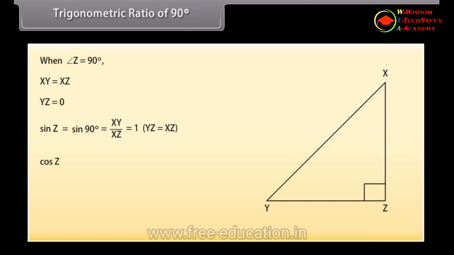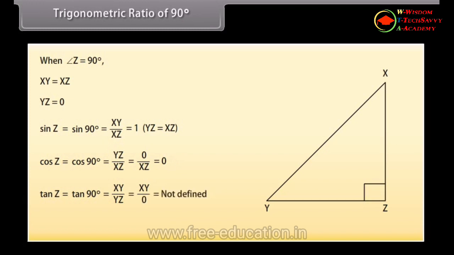Cos Z is equal to cos 90 degree, which equals YZ upon XZ, is equal to 0 upon XZ, which equals 0. Tan Z is equal to tan 90 degree, which is equal to XY upon YZ equals XY upon 0. Therefore, tan 90 degree is undefined.